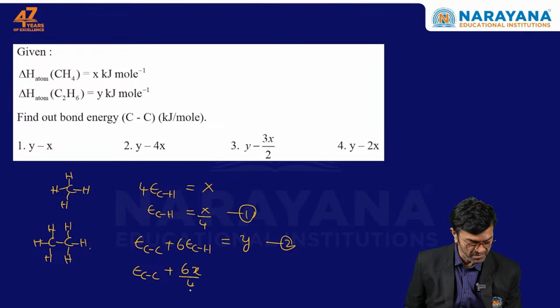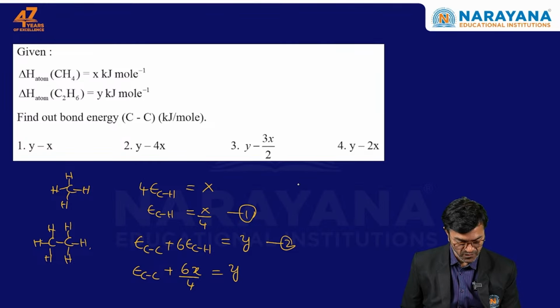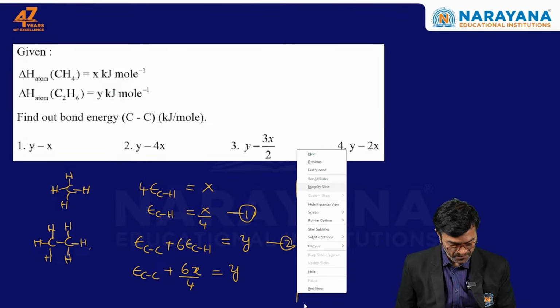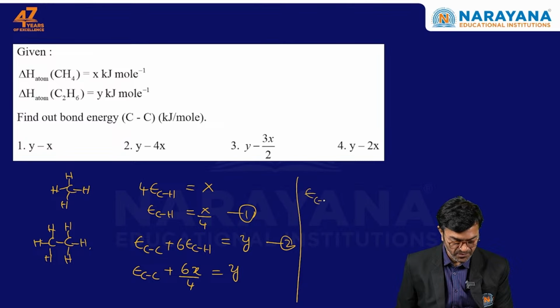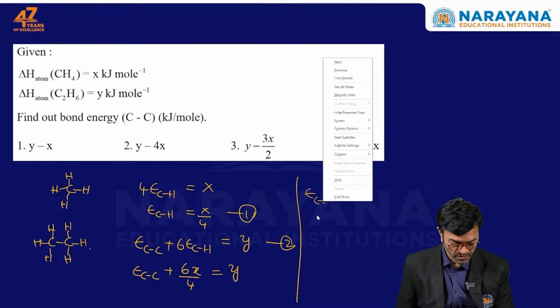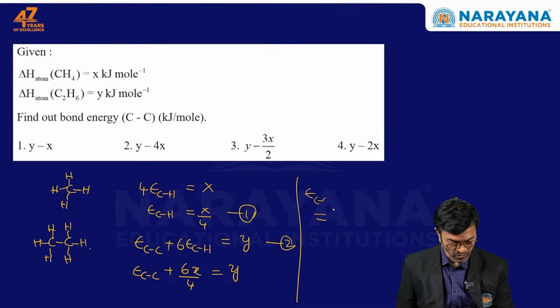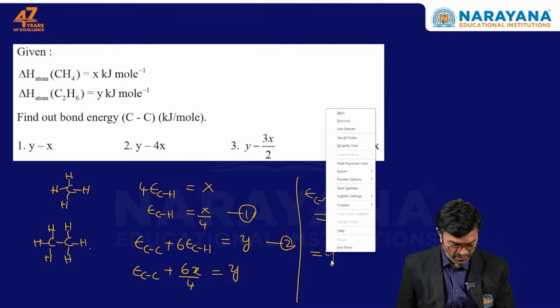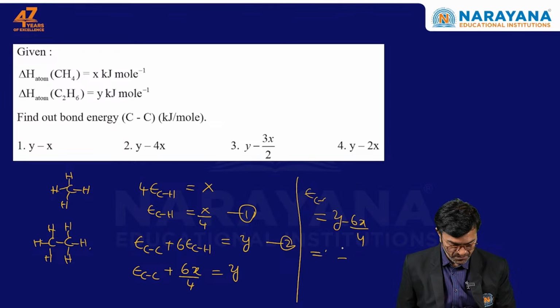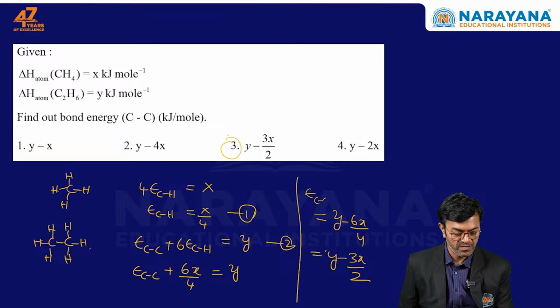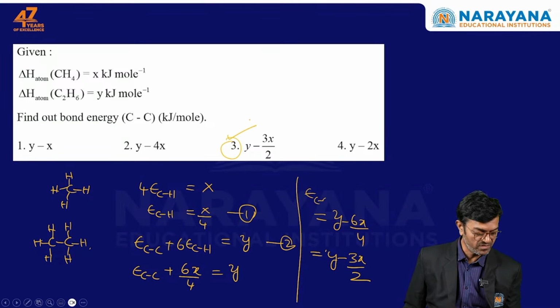So, epsilon C-C plus 6x by 4 is equal to y. Therefore, epsilon C-C will be y minus 6x by 4, which will be y minus 3x by 2, that is option 3 will be the answer for this question.